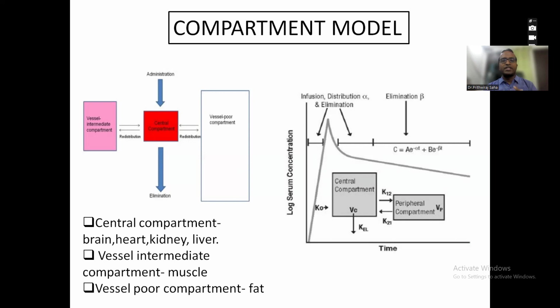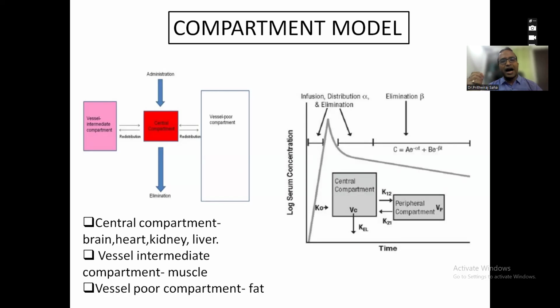Basically, once it redistributes, it has a slight fall from the peak, and once it gets eliminated, it has a further fall by which it is ultimately eliminated out of the body. For example, as you administer albumin, within 17 to 18 hours it gets redistributed.